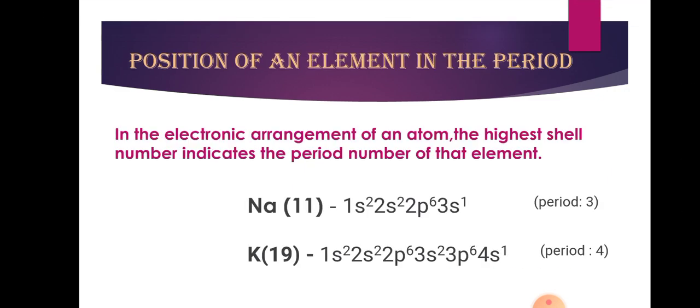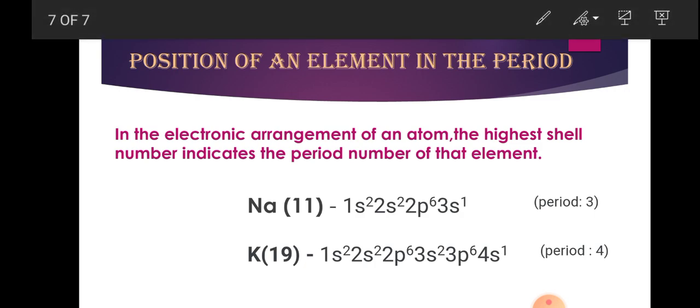Now I discuss about position of an element in the periodic table. In the electronic arrangement of an atom, the highest shell number indicates the period number of that element. For example, sodium.